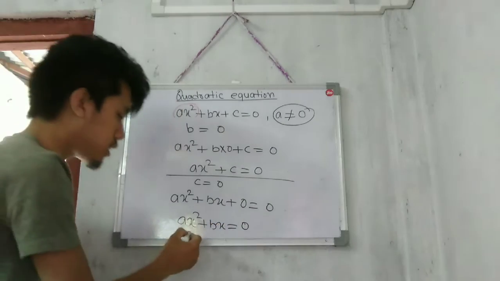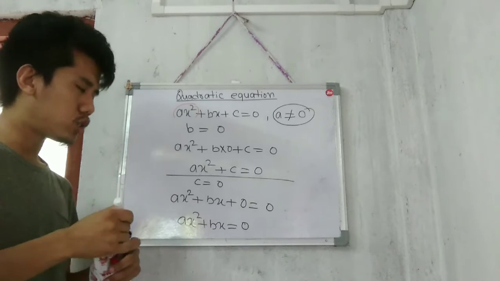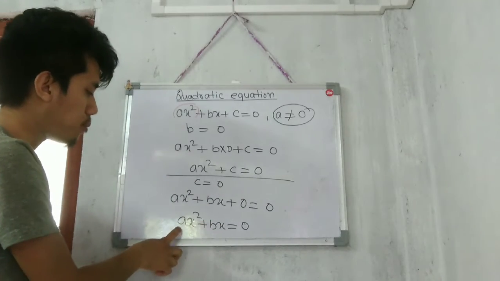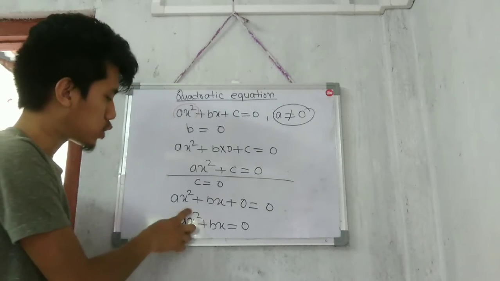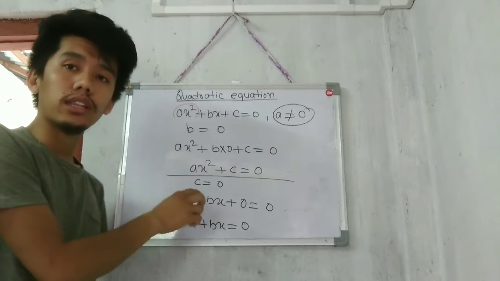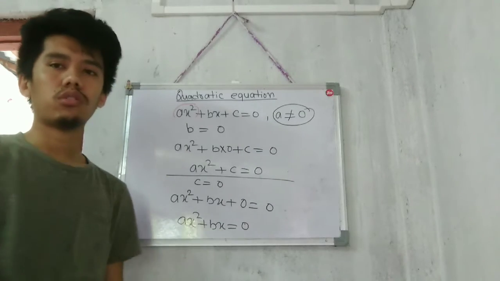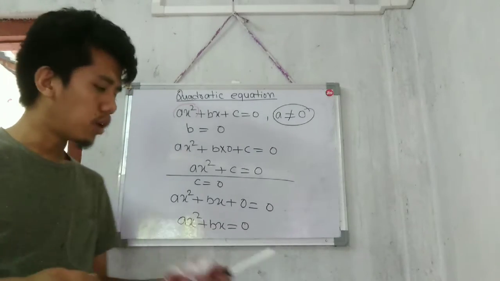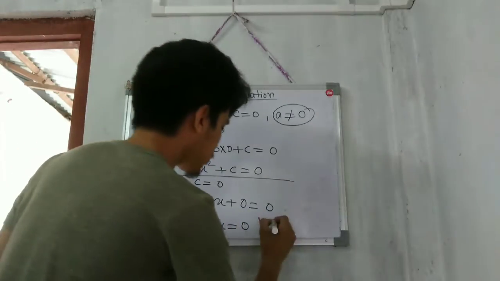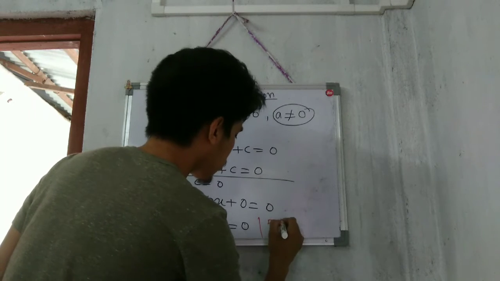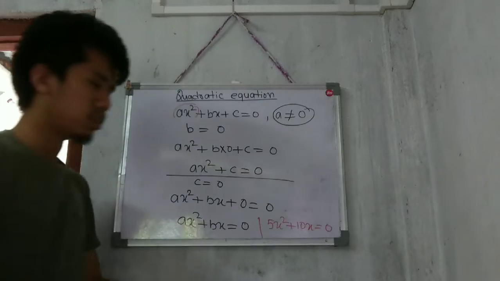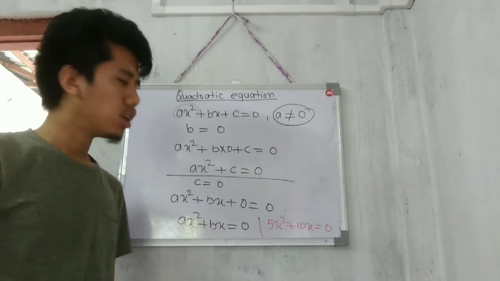Now see, in this case also, though the c part is 0, what we have is the remaining part, ax square plus bx equal to 0. Still we have x square. That means this is also a quadratic equation. What are the examples? The examples are like this. This is an example of a quadratic equation.